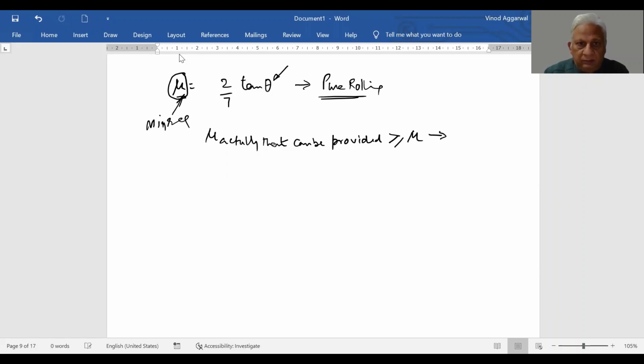In such case, what we will have is pure rolling. If the mu that can actually be provided is less than our requirement, what will happen? Rolling will not happen and it will result in slipping.